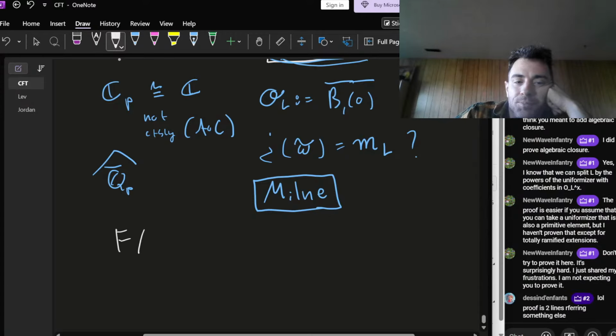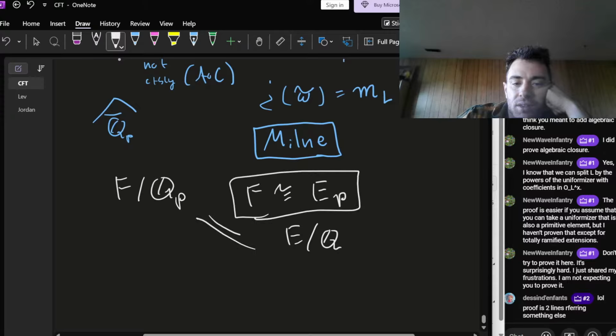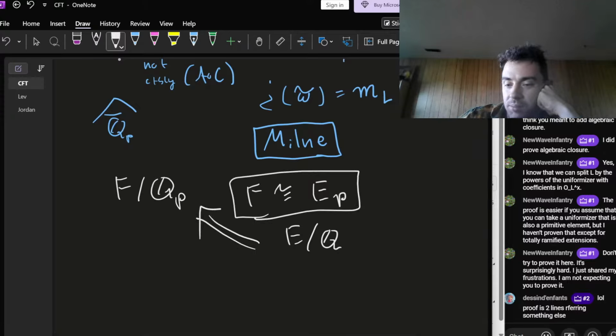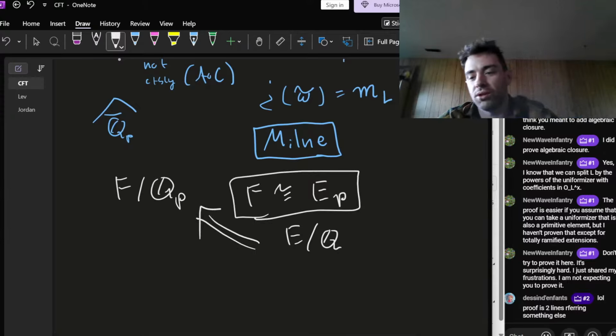And then if you argue this, the local one would fall out of that. I'm guessing that's how Milne is thinking about it.